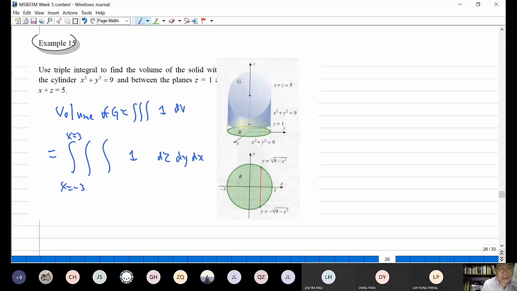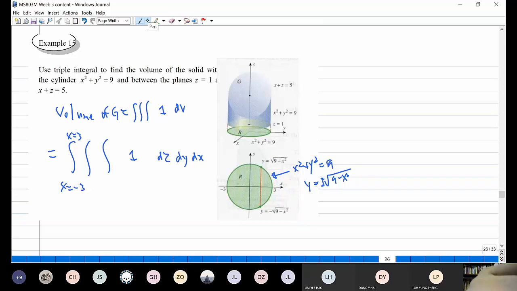Then, where is y going now? Because this equation is x squared plus y squared equals 9. So if I fix my x anywhere between -3 and 3, then y equals plus or minus the square root of 9 minus x squared. If y is below the x-axis, y is negative. If y is above the x-axis, y is positive.